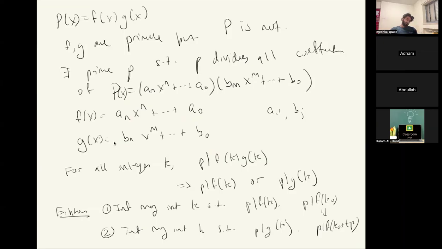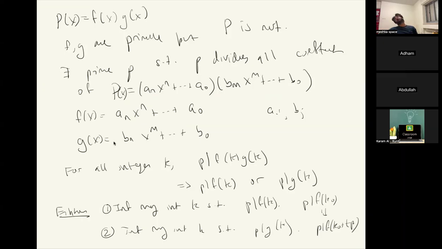Yeah, so that's what we assume: p divides all the coefficients of the product. Do you want to prove that either p divides all of the a's or p divides all of the b's? Now, don't you want to show that if f and g are both primitive, then p does not divide p of x?